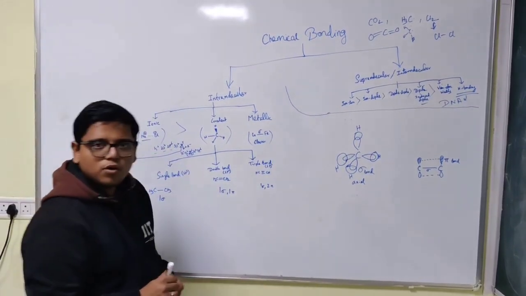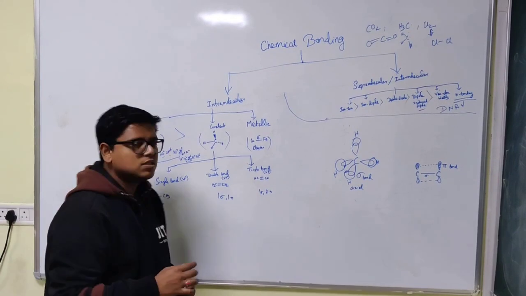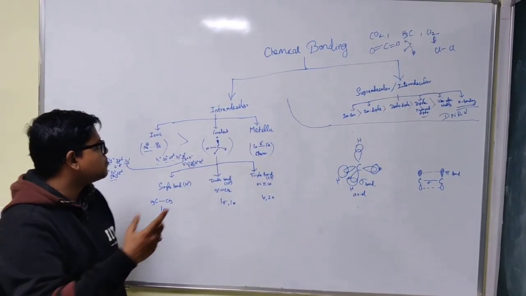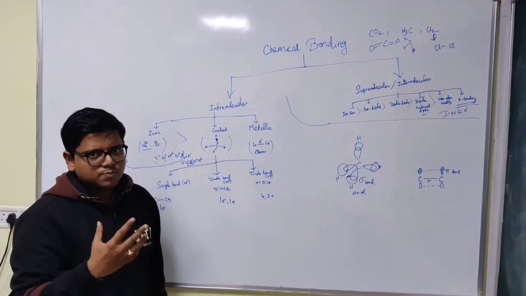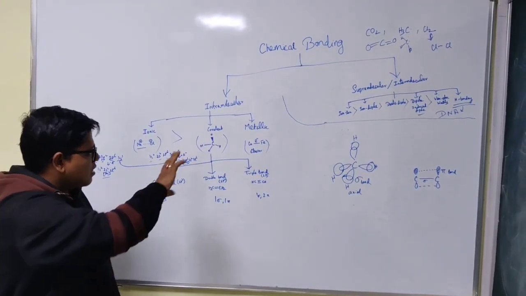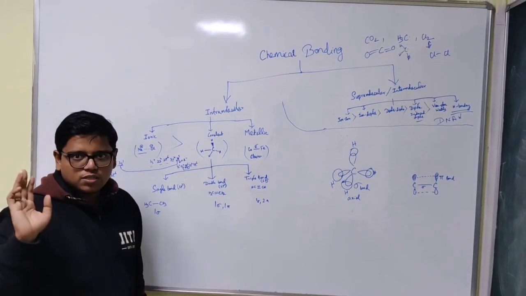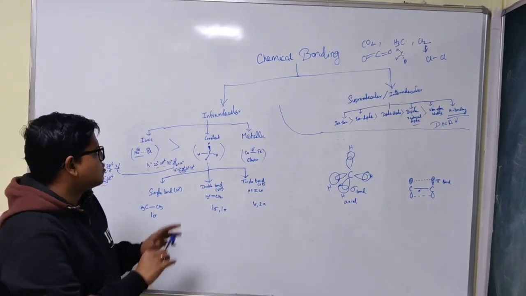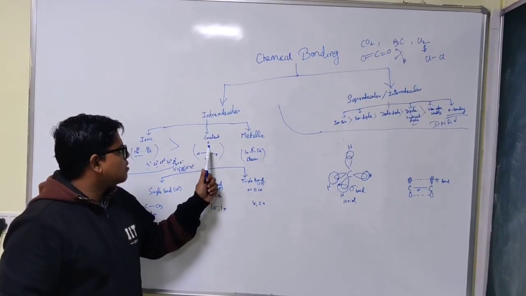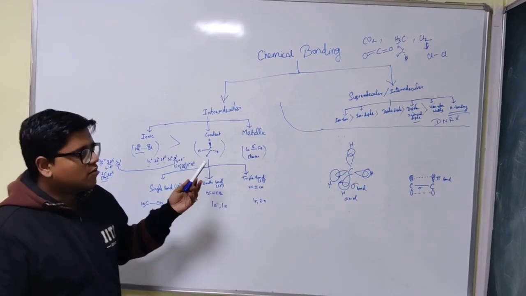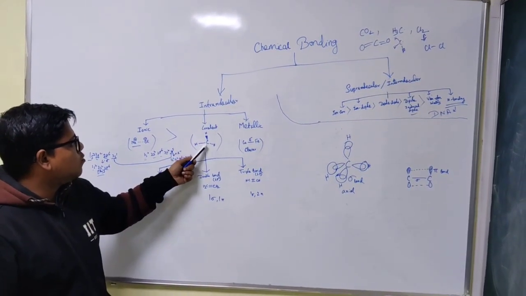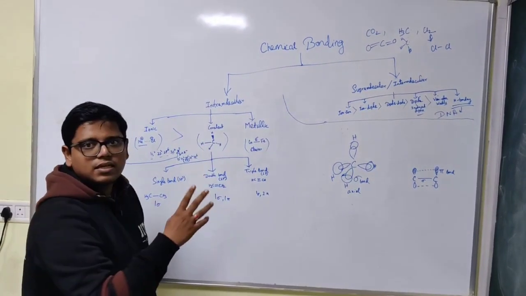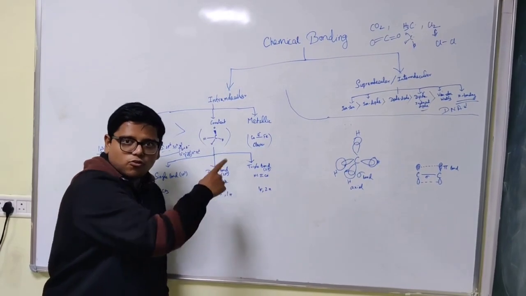Now, what is a covalent bond? A covalent bond forms via equal sharing of electrons between two atoms, preferably non-metals. But there is another type that is called coordination bond. That also comes in covalent bond. We are not discussing that here. So covalent bonds preferably form between two non-metals, like it is formed here in CH4.